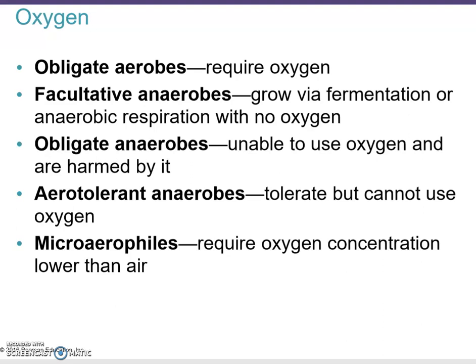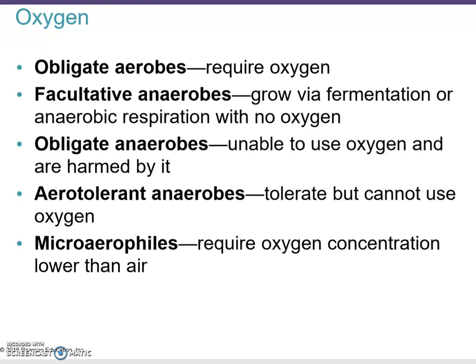Obligate anaerobes, to them oxygen is toxic, and so they have to grow in conditions where there is no oxygen, because oxygen is literally toxic to them. And we'll take a look at how that works. We have aerotolerant anaerobes. They can tolerate some oxygen, but they can't use oxygen for their growth, but they're not necessarily killed by oxygen either.